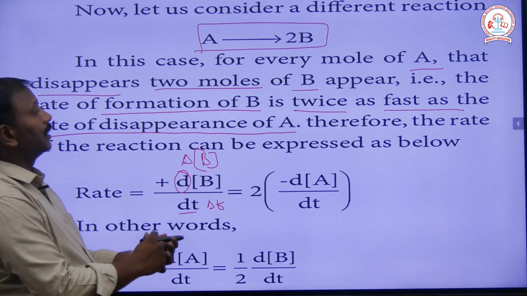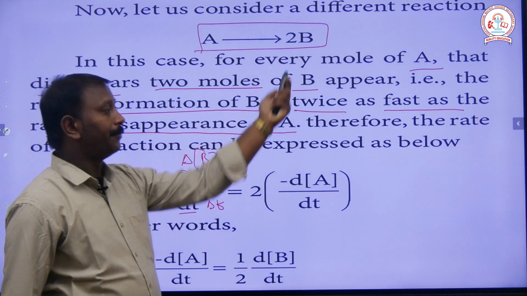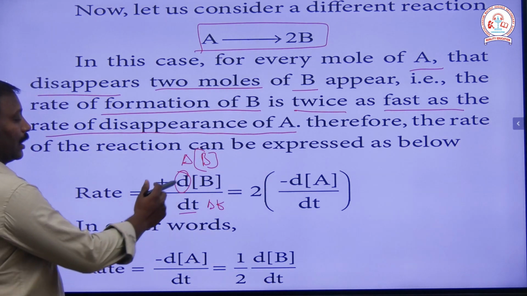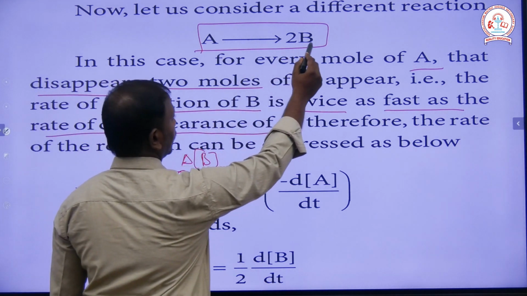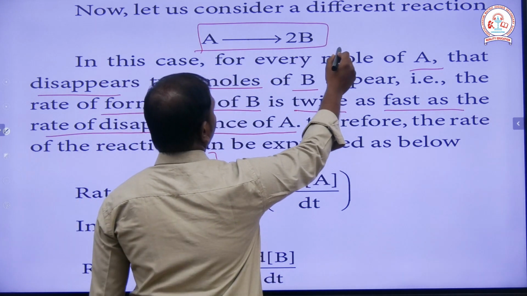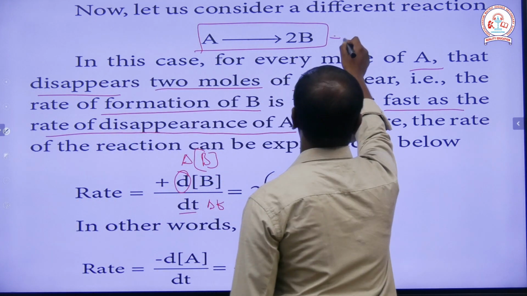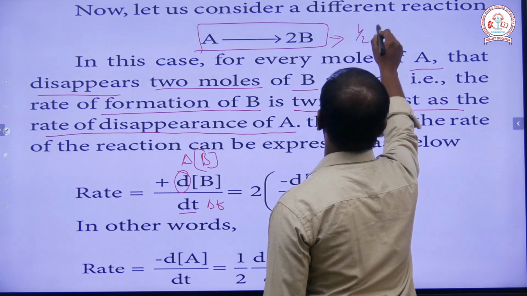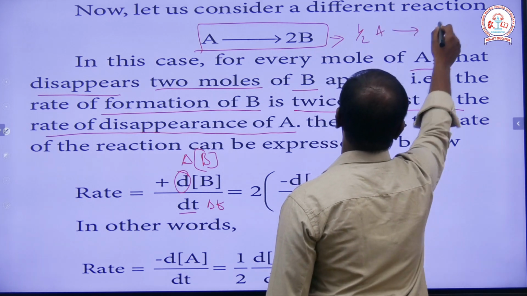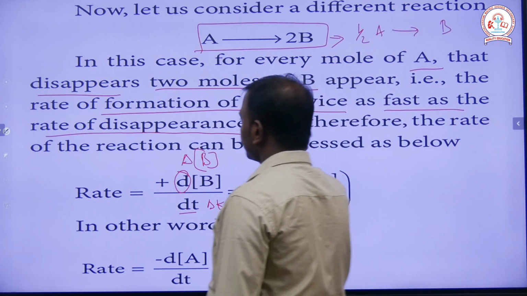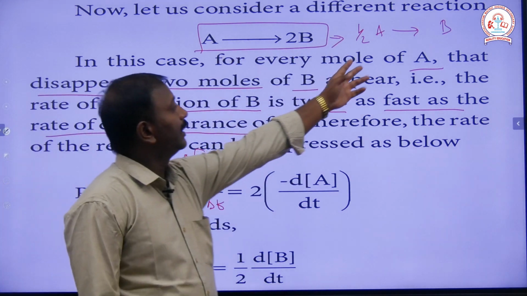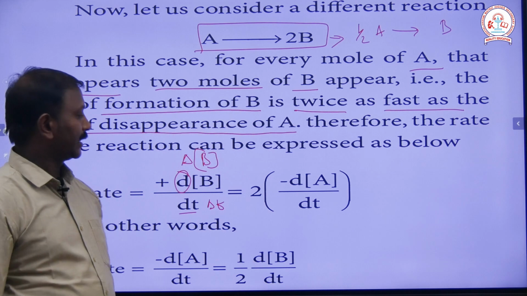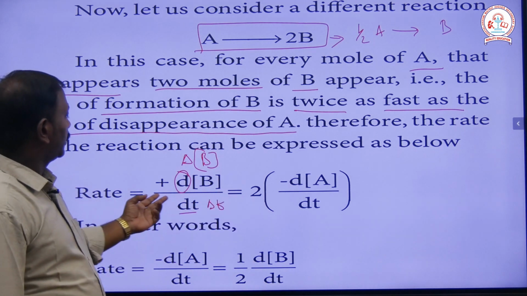Two moles of product are formed, so we write this chemical reaction as half a mole of A giving 1 mole of B product.